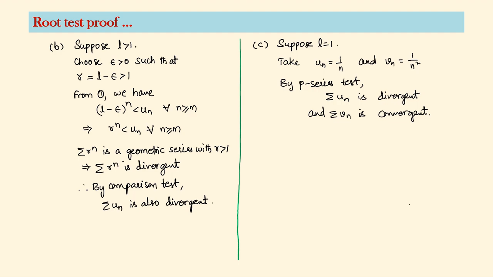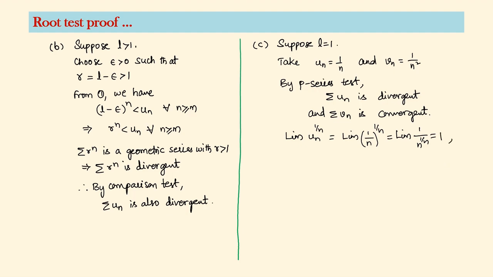Limit of u_n power 1 by n is equal to limit, our u_n is 1 by n, so (1 by n) power 1 by n, that is equal to limit of 1 by n power 1 by n. We know the value of this: limit of n power 1 by n is equal to 1. So this is equal to 1.